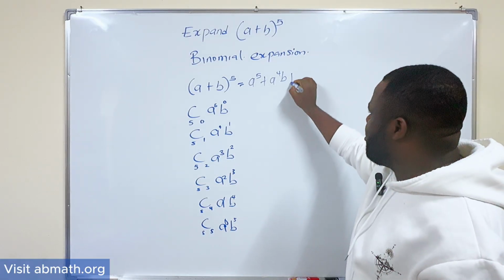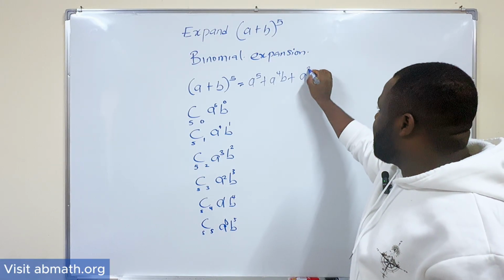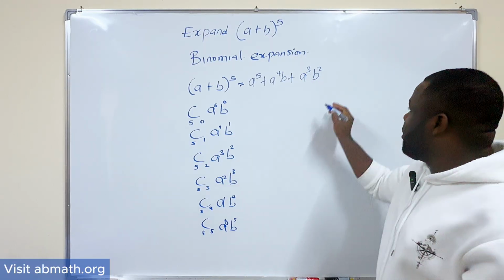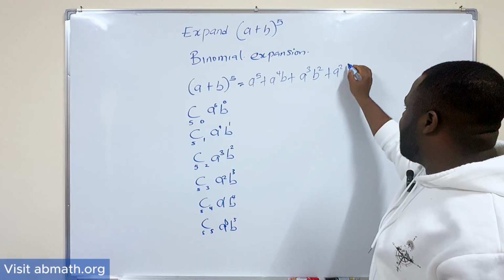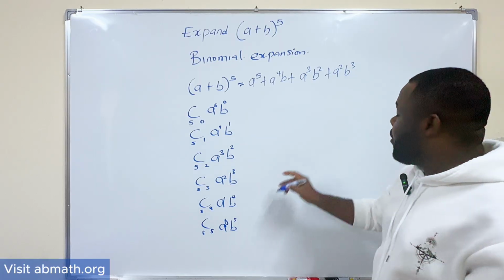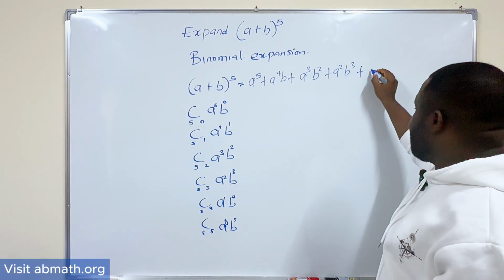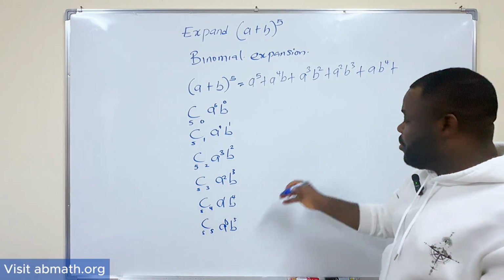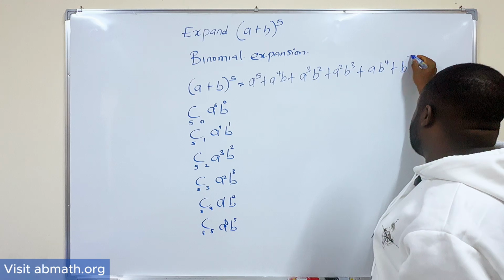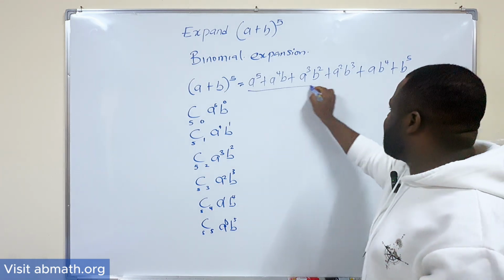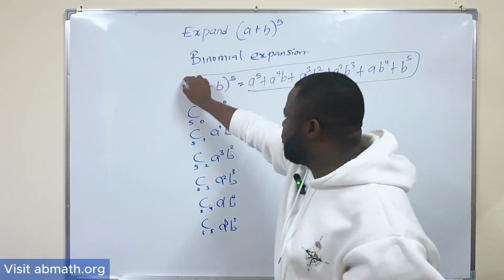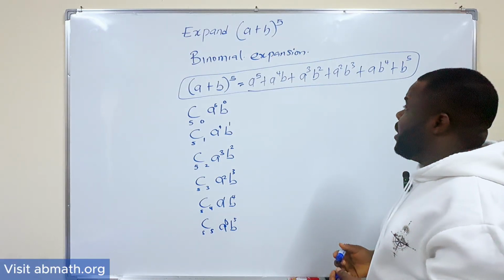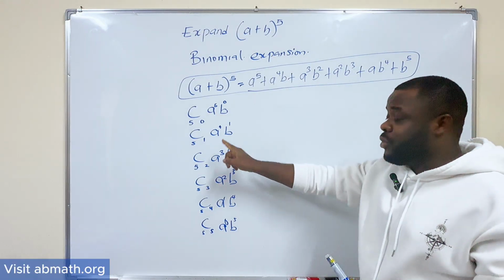Then we now have plus a³b², then we now have a²b³, then we now have a, then b power 4, then finally we now have b power 5. So this is the expansion when you use binomial expansion to expand this binomial. And remember, we use combinations.